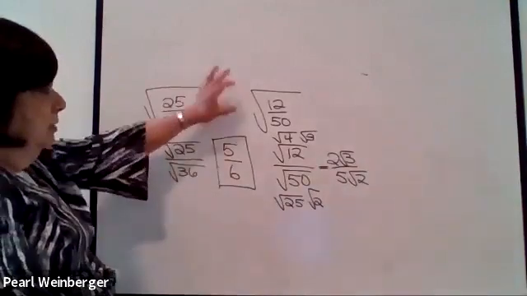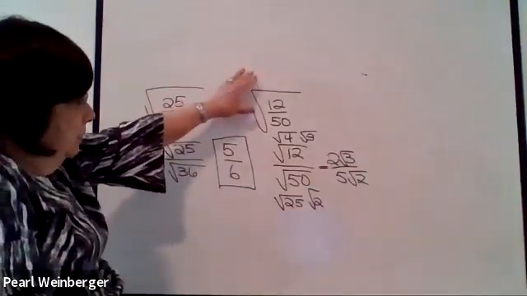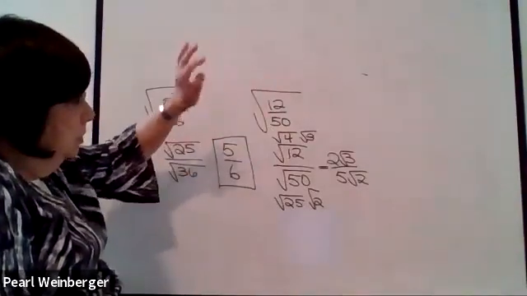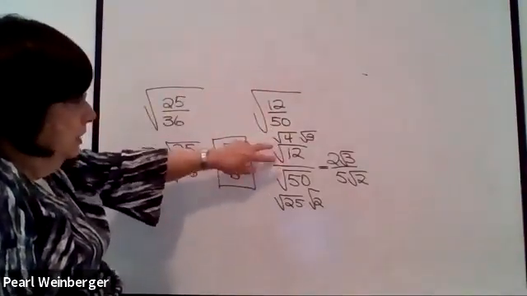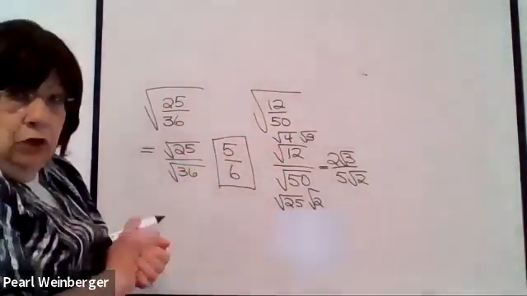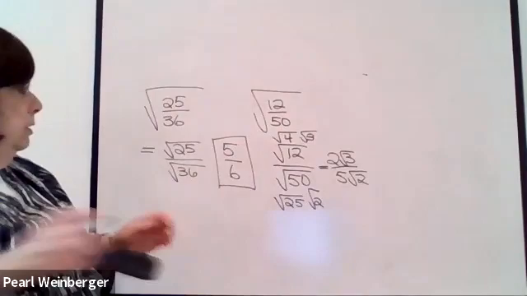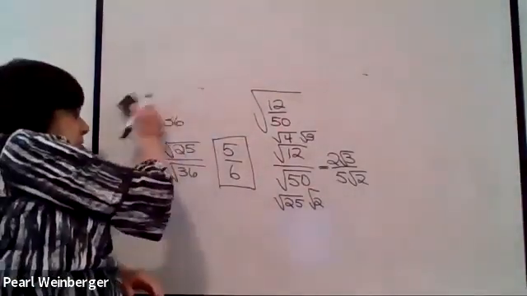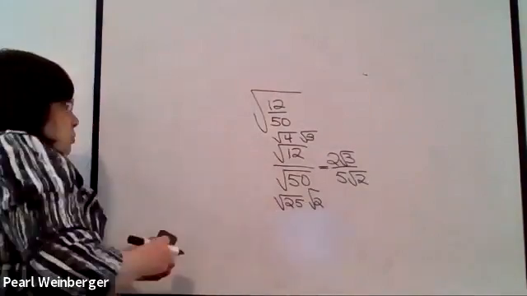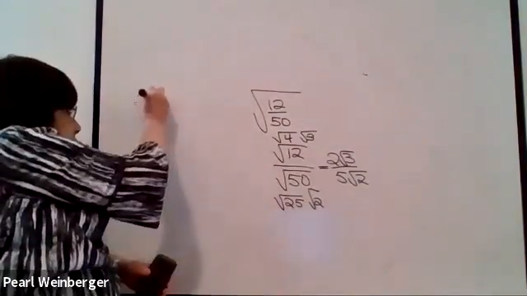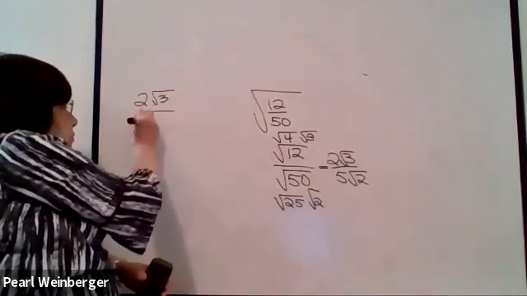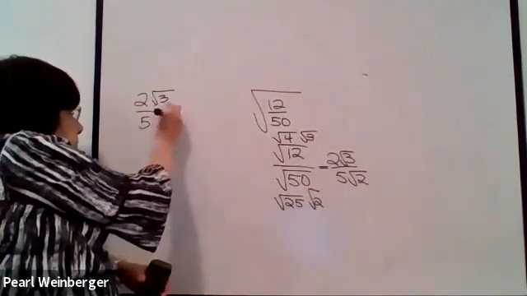So, again, step 1, if it's a fraction inside a radical, separate it into 2 radicals and simplify each of those radicals the way we know how to do it. Okay, and I'm going to erase this so I can have a little more space. So it looks like my final answer should be 2 radical 3 over 5 radical 2.